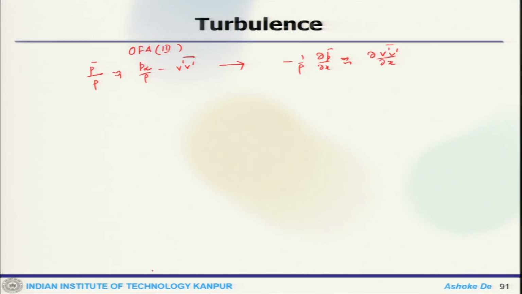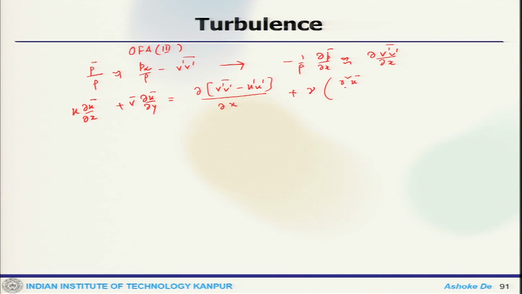Now, if we substitute this in the x momentum equation, we get u bar del u bar by del x plus v bar del u bar by del y equals del v prime squared minus u prime v prime by del x plus nu times del 2 u by del x 2 plus del y 2.